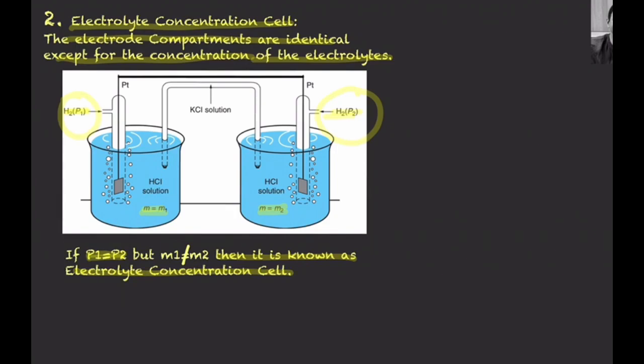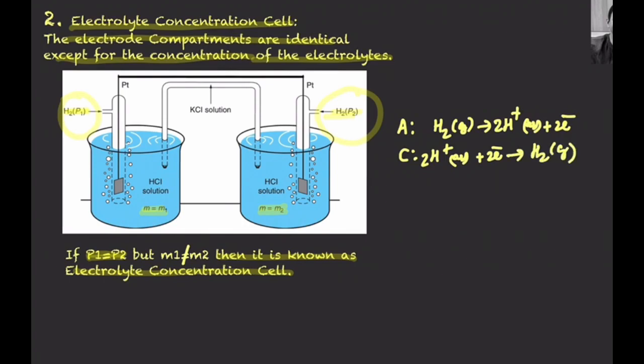electrolyte concentration cell. In this cell, if we write the reaction at the anode, hydrogen gas will oxidize to form 2 H plus ions in aqueous state plus 2 electrons. At the cathode, 2 H plus ions in aqueous state will accept 2 electrons to form hydrogen in gaseous state. If we add and write the overall reaction, the 2 electrons cancel out.